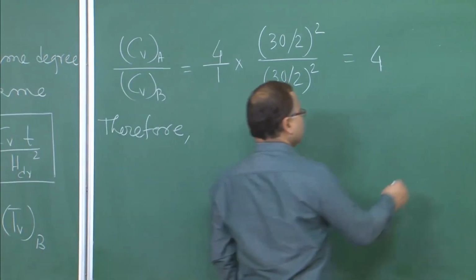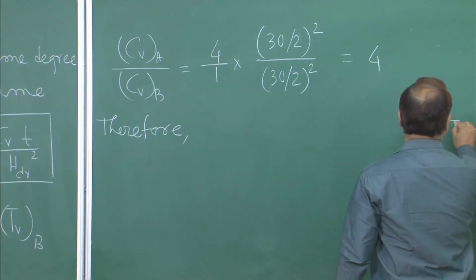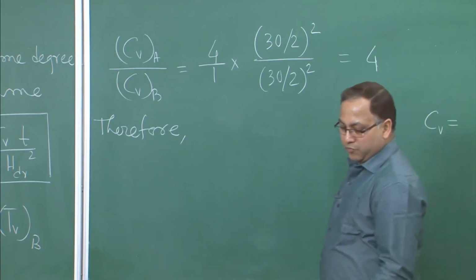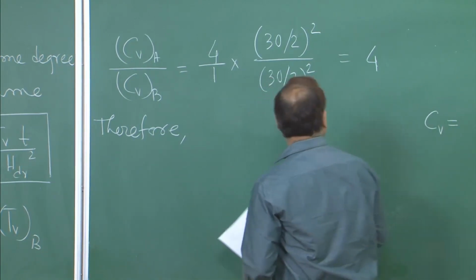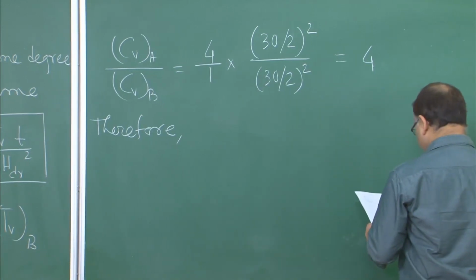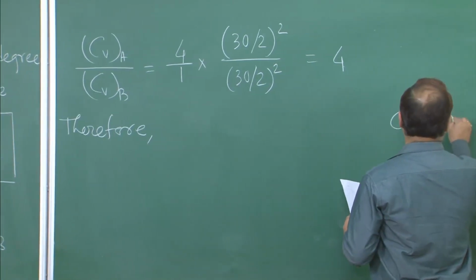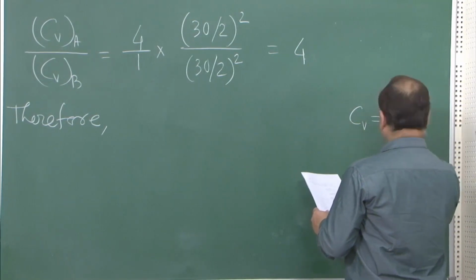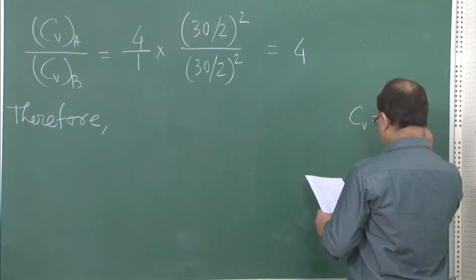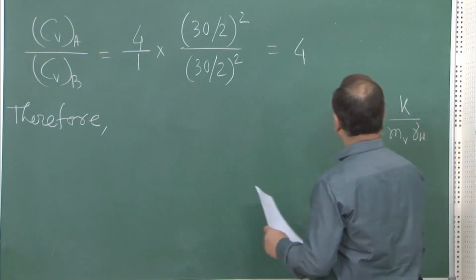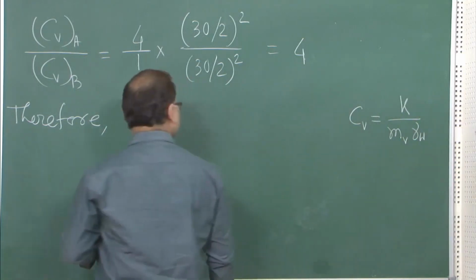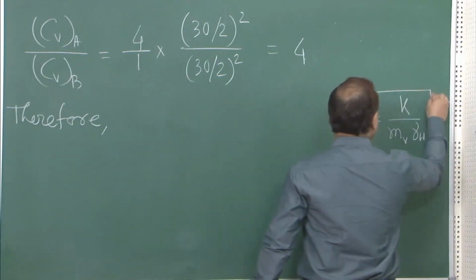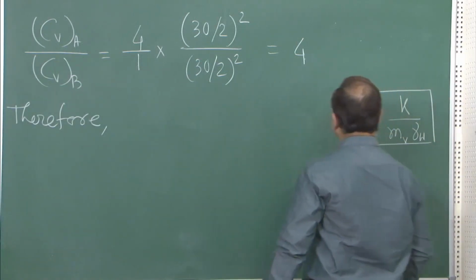Now, therefore, do you remember that CV is equal to K by mv into gamma w? Long back, in the previous lectures, we derived that.